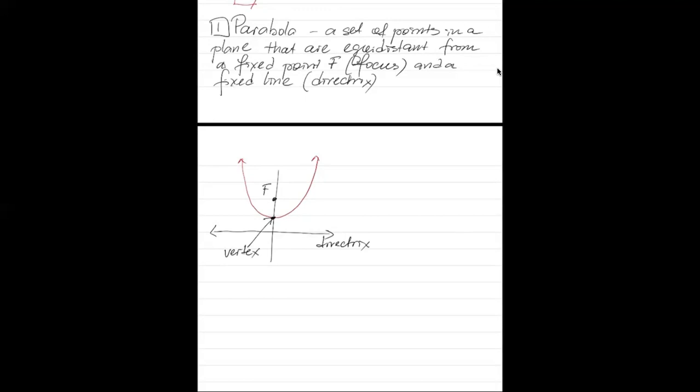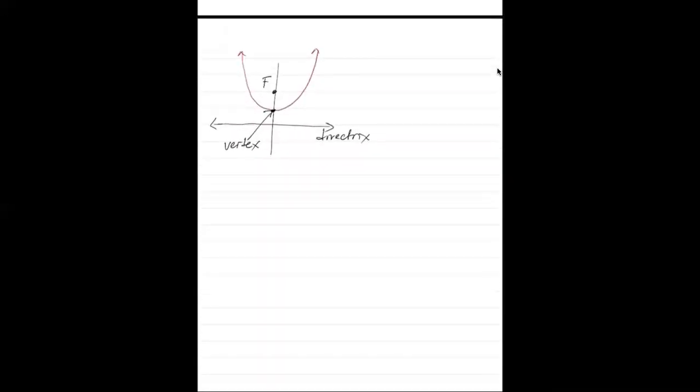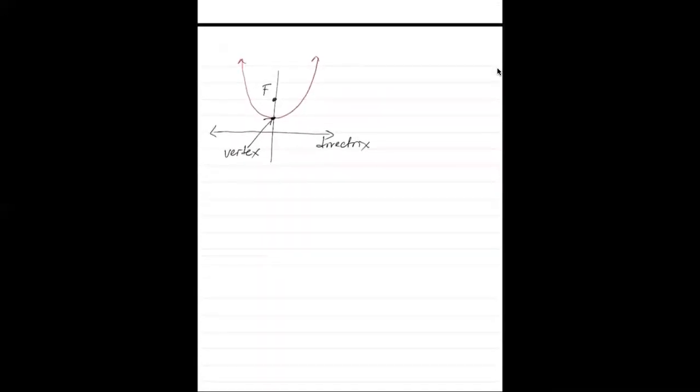In this case, the parabola opens up, but it can open down or to the left or to the right. So for convenience, let's have the vertex coincide with the origin, and the directrix parallel to the x-axis.